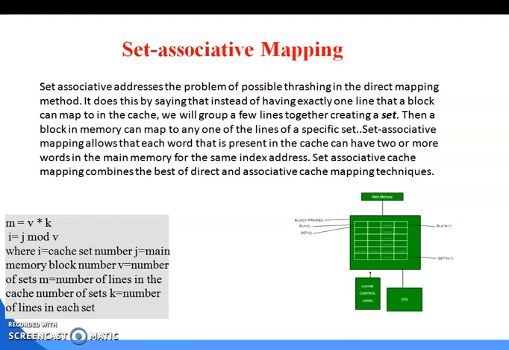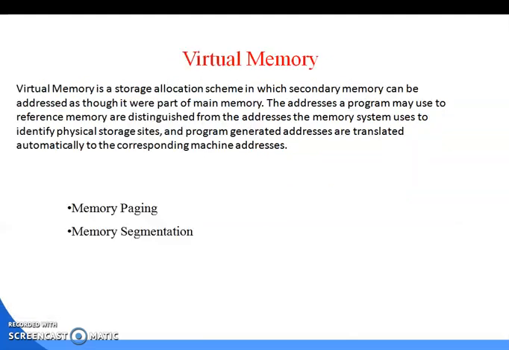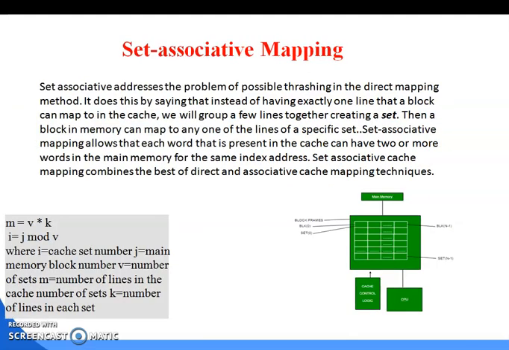Then a block in memory can map to any one of the lines of a specific set, and set associative mapping allows each word that is present in the cache to have two or more words in the main memory for the same index address. Set associative cache mapping combines the best of direct and associative cache mapping techniques. So these are the mapping techniques of the cache memory.